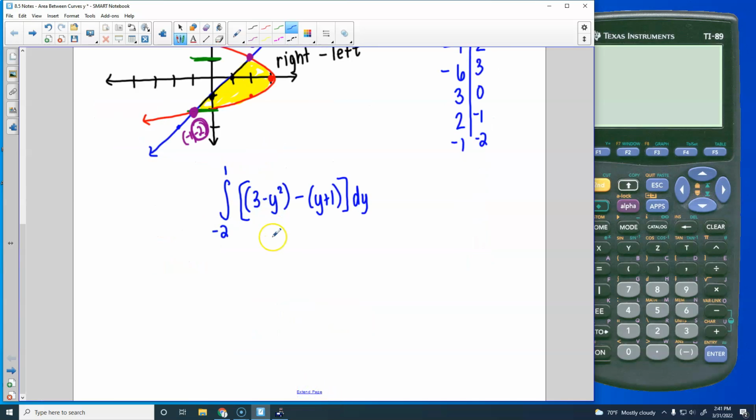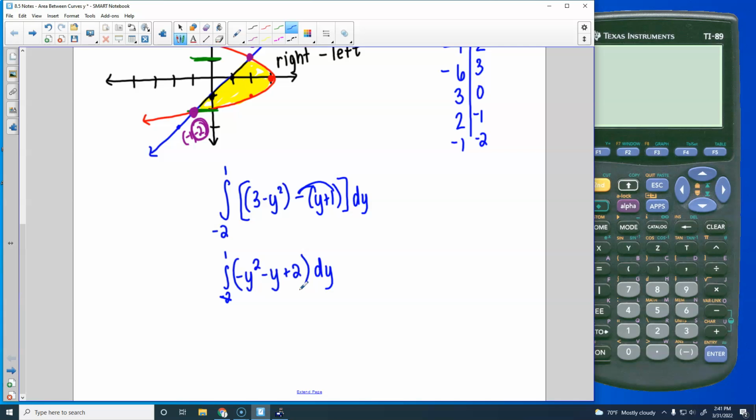You're just integrating here. So let's combine these. We'd have -y squared minus y plus 2, because we'd have to distribute that negative there. If you distribute this, you'll get a -1, and add it to that 3, you'll get a +2.